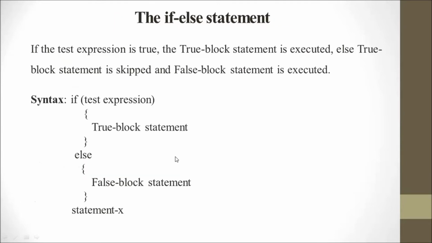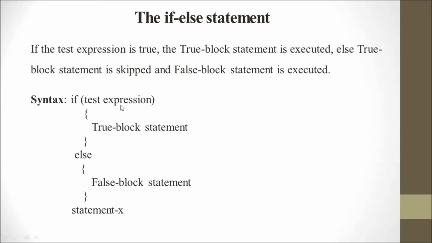The if-else statement. If the test expression is true, the true block statement is executed, else the true block statement is skipped and the false block statement is executed. Here is the syntax of the if-else statement.